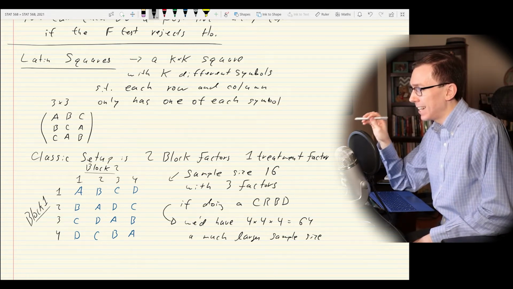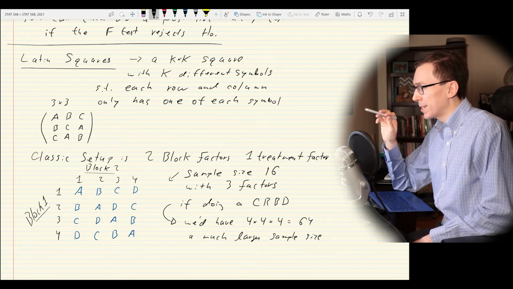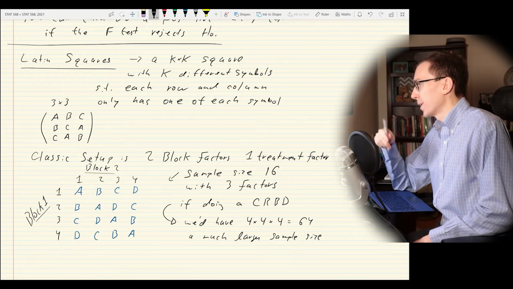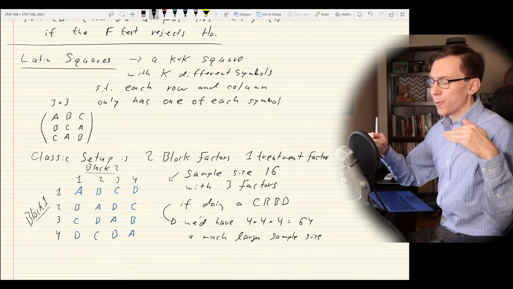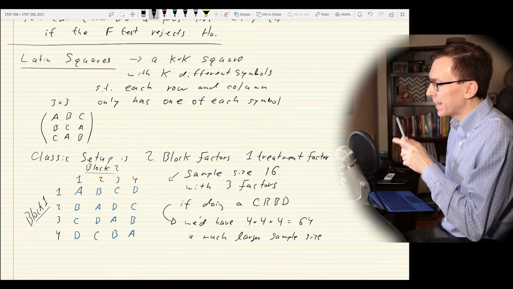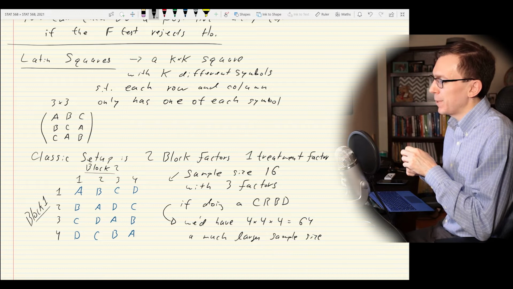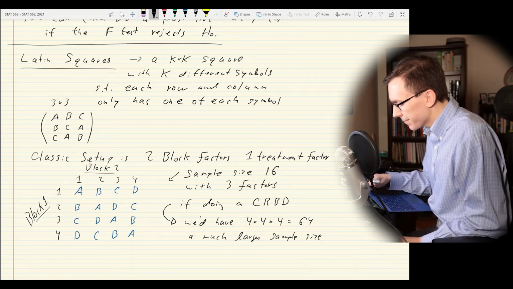In this case, not every possible combination of block 1, block 2, and the treatment occurs. For example, if I know the level of block 1 and the level of block 2, only a single treatment is tested. But because of this nice setup, we have a lot of elegant properties that we can use.